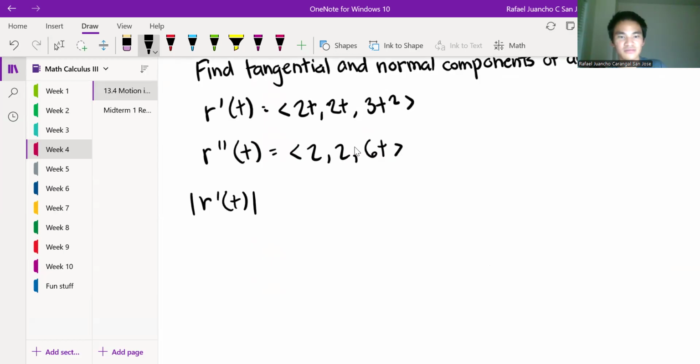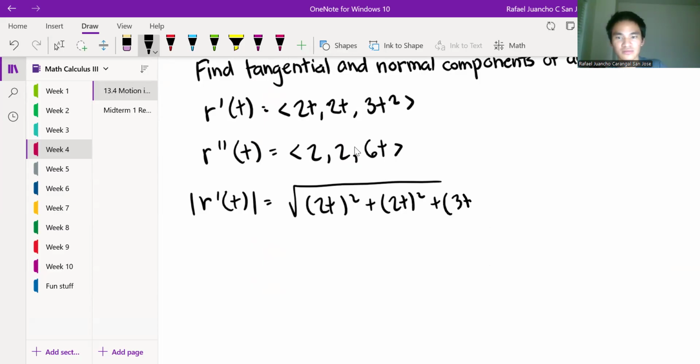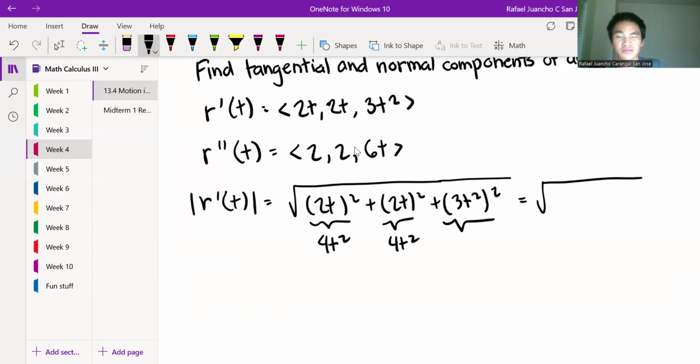And now let's find the magnitude of my r prime of t. So this is the square root of 2t squared, 2t squared, 3t squared squared, which is 4t squared, 4t squared, 9t to the 4th.